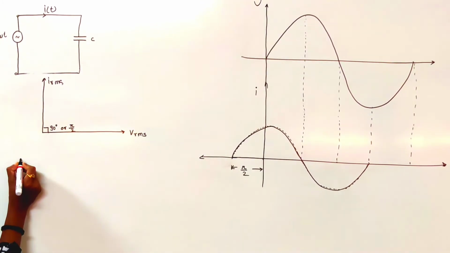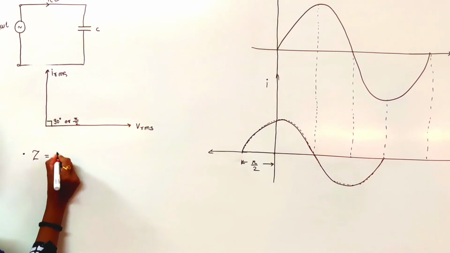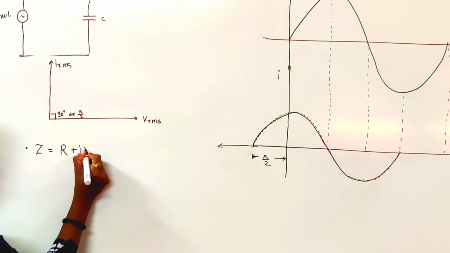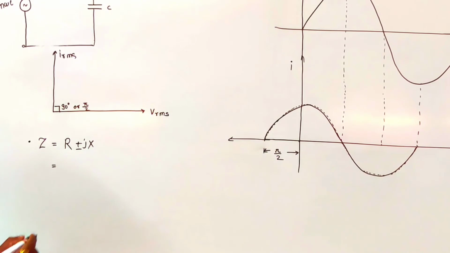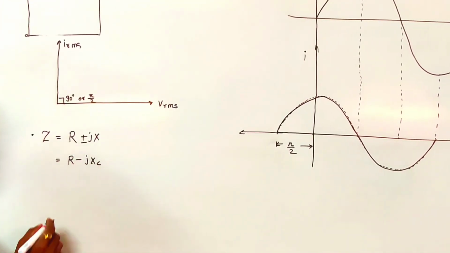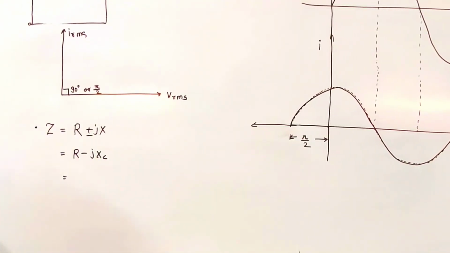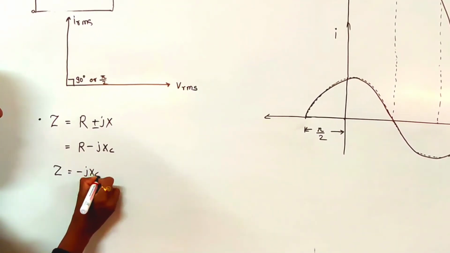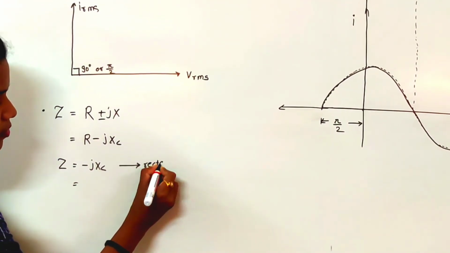Now the impedance in a purely capacitive circuit. Impedance means Z, and we know that Z is equal to R plus or minus jX. So for an inductive circuit it is R plus jXL, and for a capacitive circuit R minus jXc. Here R is not given, meaning the resistive part is not in a purely capacitive circuit. So Z becomes minus jXc. This is in rectangular form.